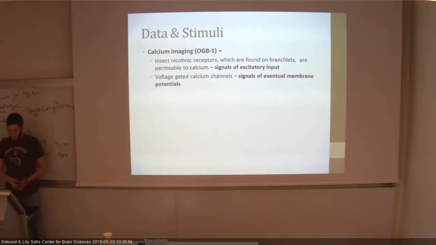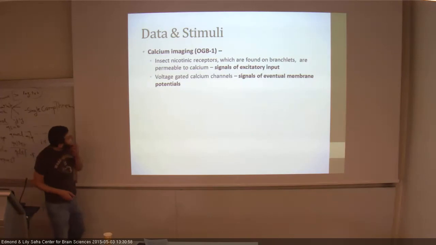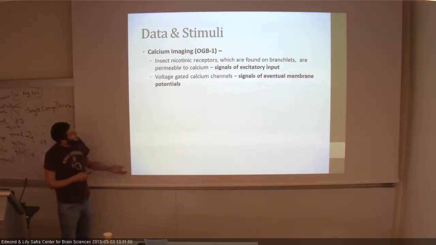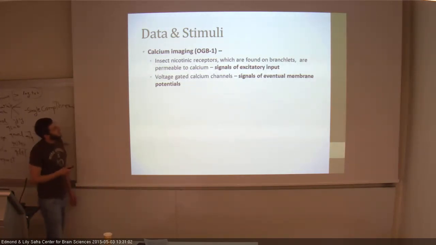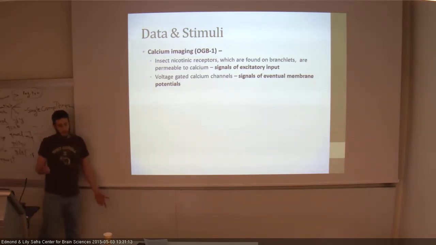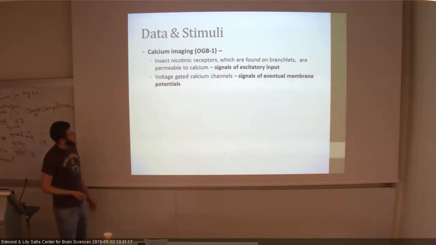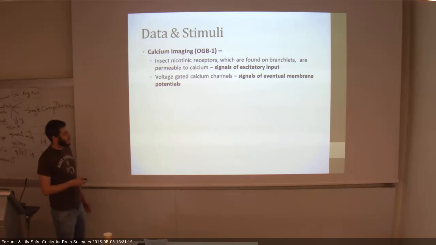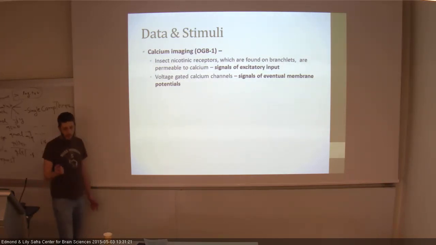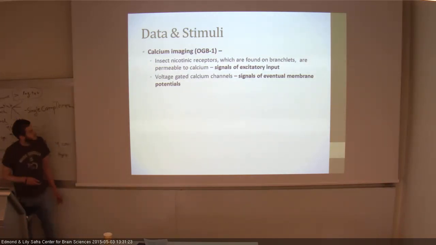So, data and stimuli. First of all, what they did is calcium imaging with the indicator OGB-1. With relation to calcium, insects have nicotinic receptors which are found on these branchlets and are permeable to calcium. That means we can see signals of excitatory inputs, because when there is a synapse or a channel opening in one of these branchlets, calcium also goes in, so we can see actual individual inputs of individual branchlets in the cell.